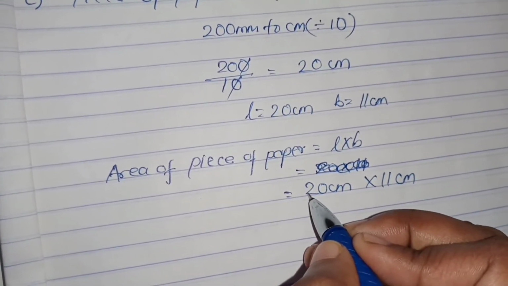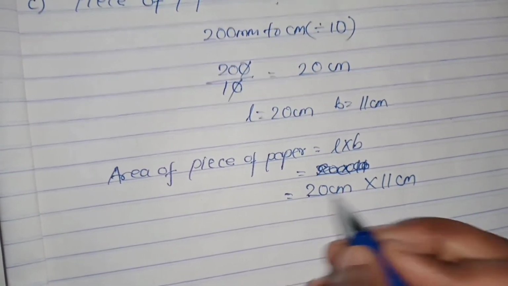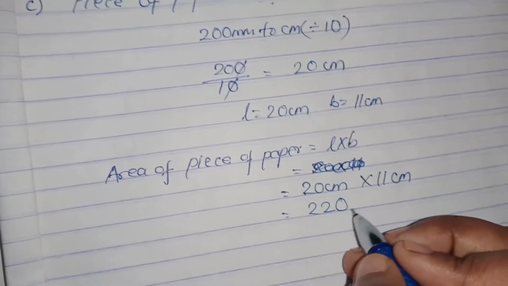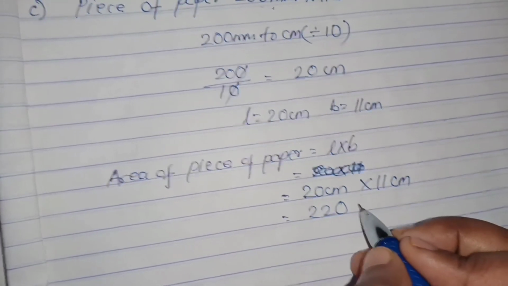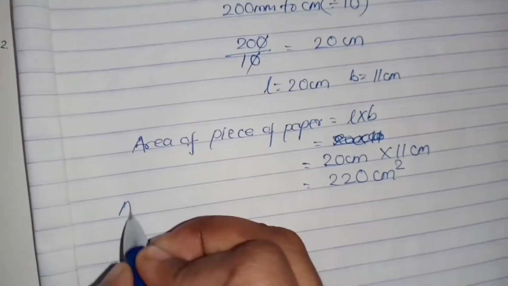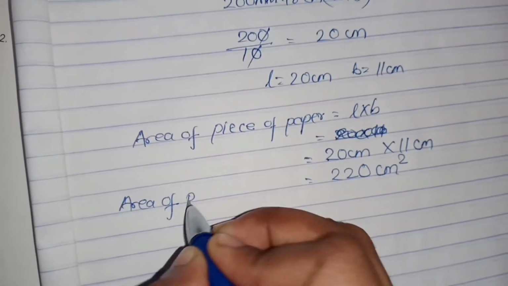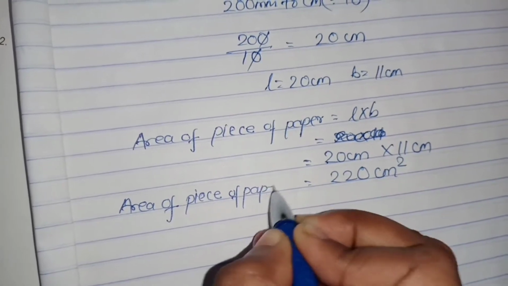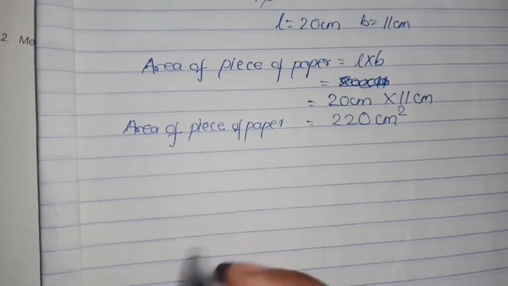Now let's do the easy multiplication. 2 into 11 is how much? 22, and put this 0. That means 220, and centimeter into centimeter is what? Centimeter square. So this is the area of the piece of paper. Now let's do the last question.